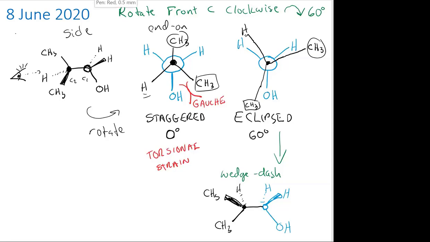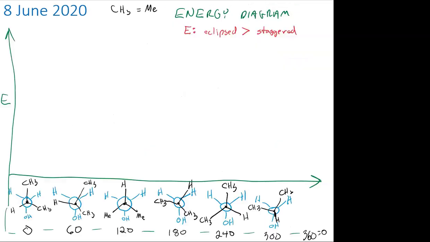So that's not bad. If we take a look at the other staggered conformations, 0 degrees is staggered, 120 is staggered, 240 is staggered, and of course 360 will be staggered because that's the same as 0. Are there any structures there that have fewer methyl alcohol gauche interactions?